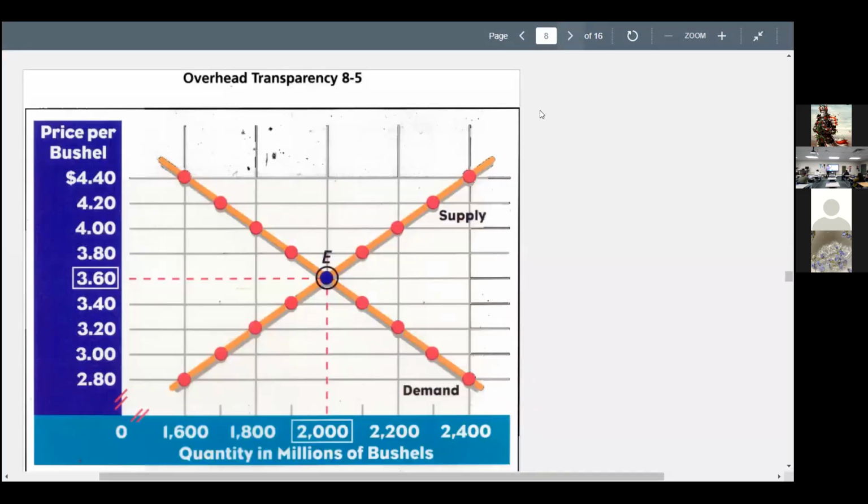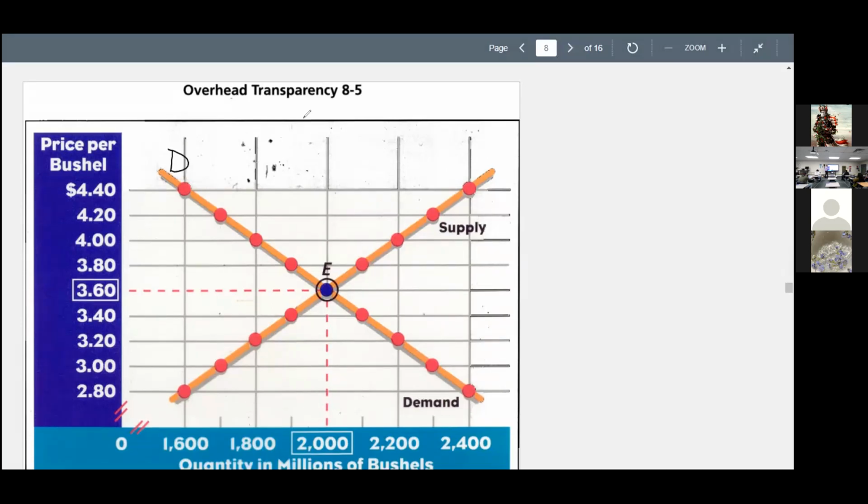It's going to be very simple. We know that this is the demand curve because it slopes down. We know that this is the supply curve because it is sloping up. From our schedule at 440, we know that there are 1,600 bushels demanded and 2,400 supplied.